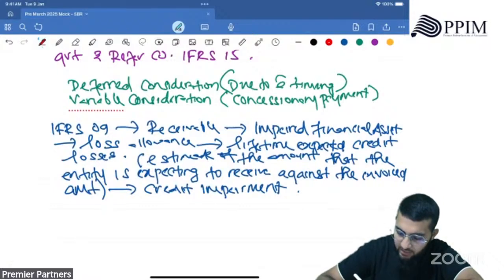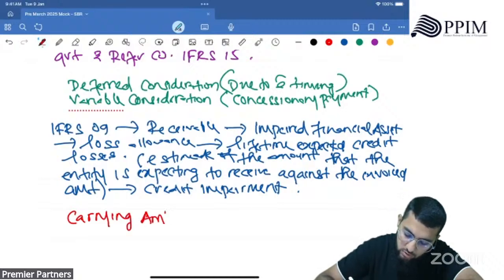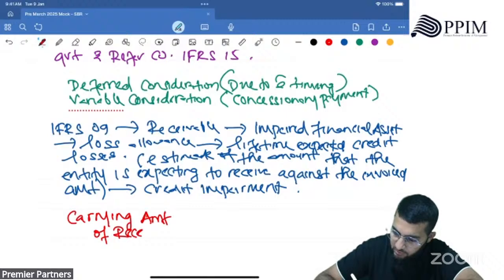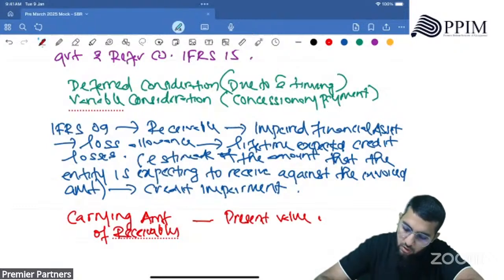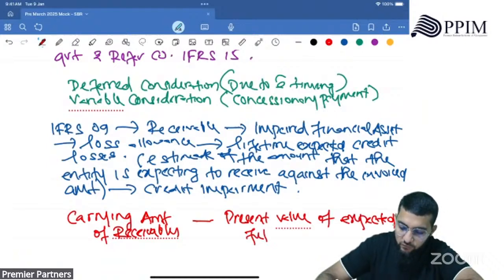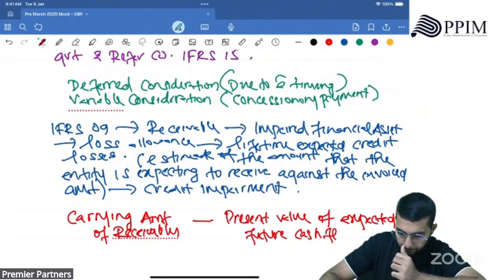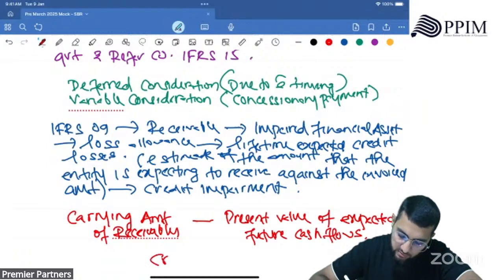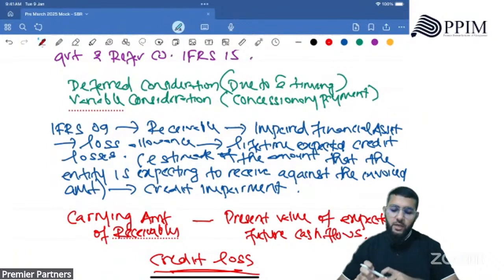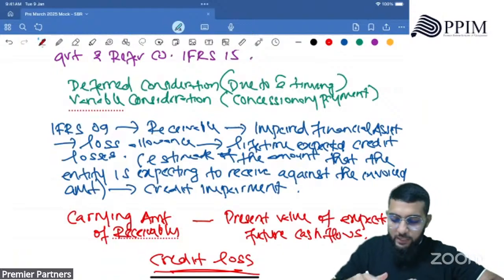The calculation is going to be the carrying amount of receivables and the present value of expected future cash flow. That is going to be the credit loss. Okay, that is going to be the credit loss.